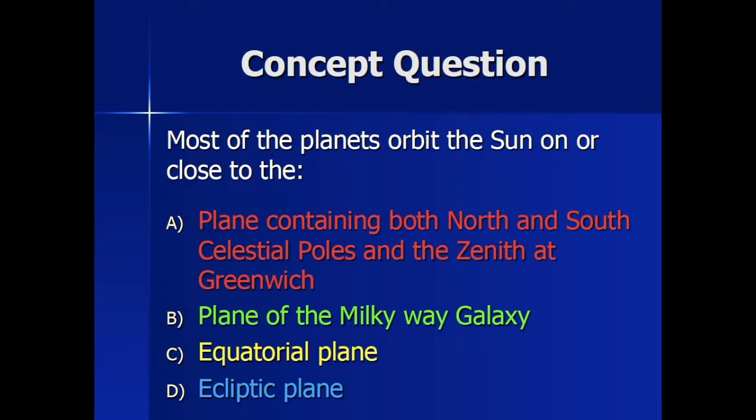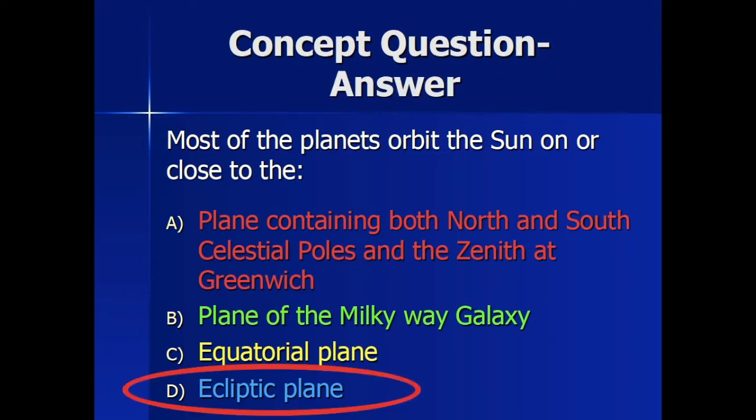So to get a clear idea of what extrasolar planet systems might look like, let's consider our own system a little bit further. Most of the planets in our solar system orbit the sun on or close to what? The ecliptic plane. Now, the ecliptic plane, as we've been talking about in astronomy, is based on the sun and the planets.